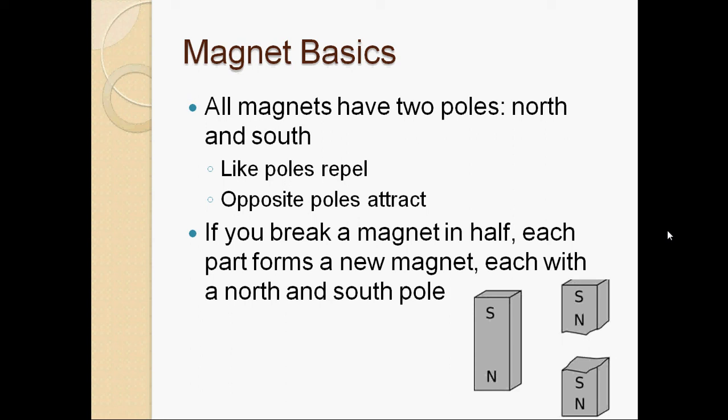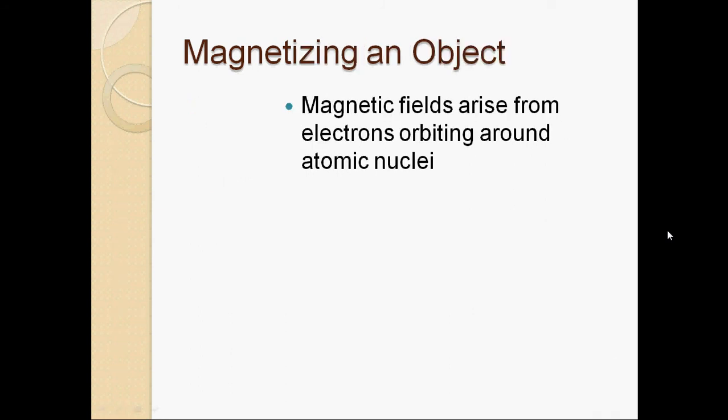Right? Now, that's all well and good, but where did these magnetic properties come from? Why are magnets magnetic? Now what it turns out is that magnetic fields basically arise from our atoms and our electrons.